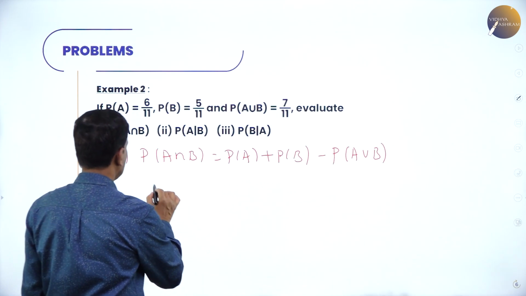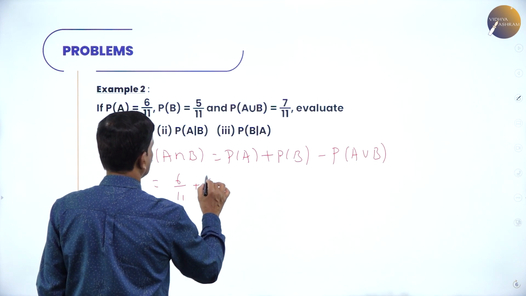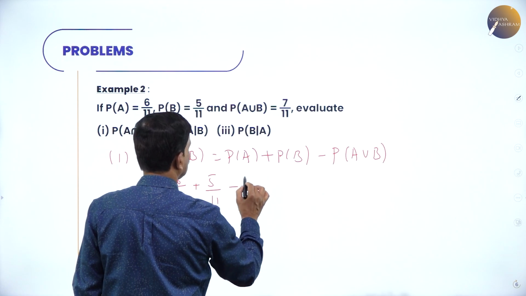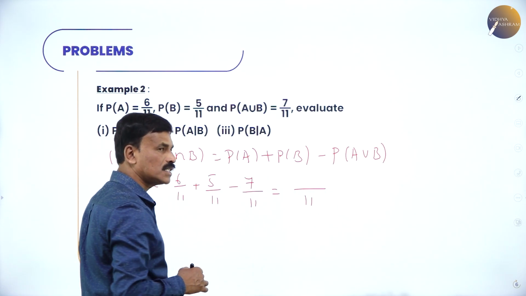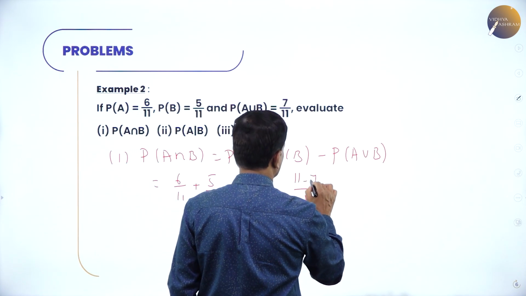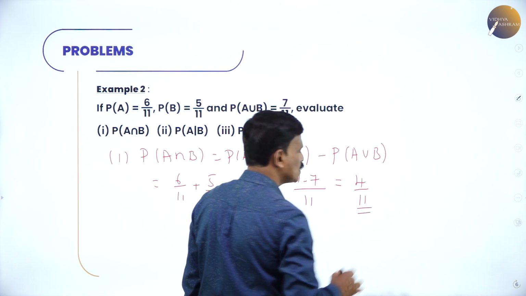Now, probability of A is 6 by 11 plus probability of B 5 by 11 minus probability of A union B is 7 by 11. Take LCM, 11 is the LCM. 6 plus 5, 11 minus 7, that's 4 by 11 is the first answer.